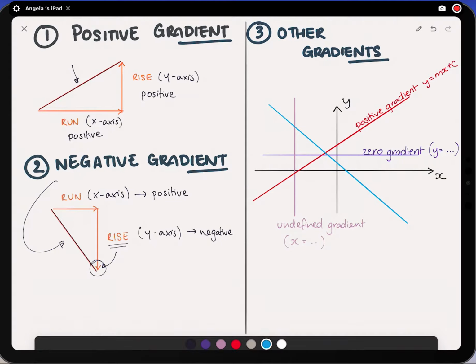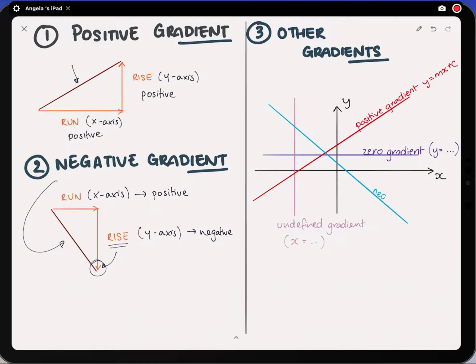And I'll just write that this has a negative gradient. That will be represented by y equals negative mx plus c. So notice that the difference here is that it's negative m when it's a negative gradient, and when it's a positive gradient, it's just m by itself.